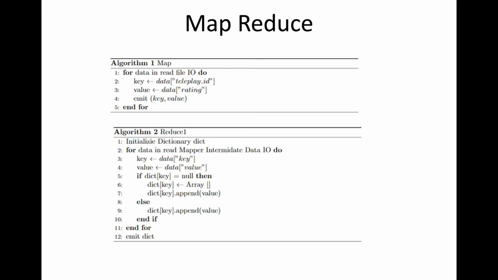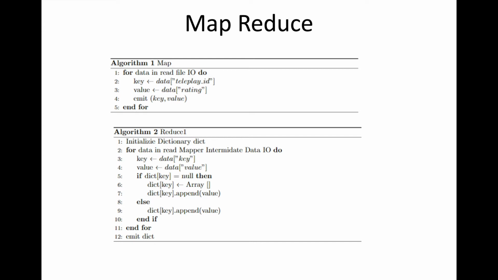Firstly, we initialize a dictionary, dict, and we will read the intermediate result, that is the key value pair from the mapper. So the key in the algorithm is the ID, and the value is the rating. And then we are going to initialize some items in the dictionary.